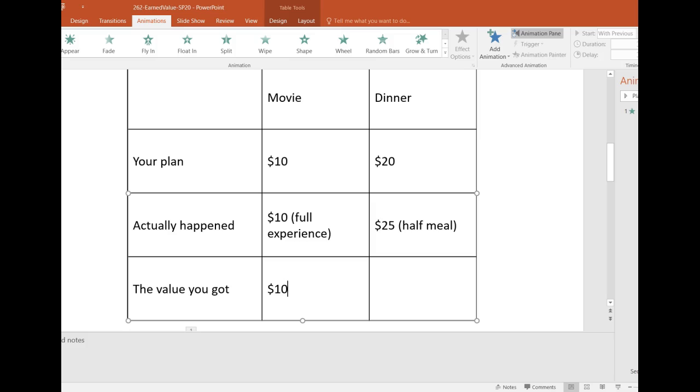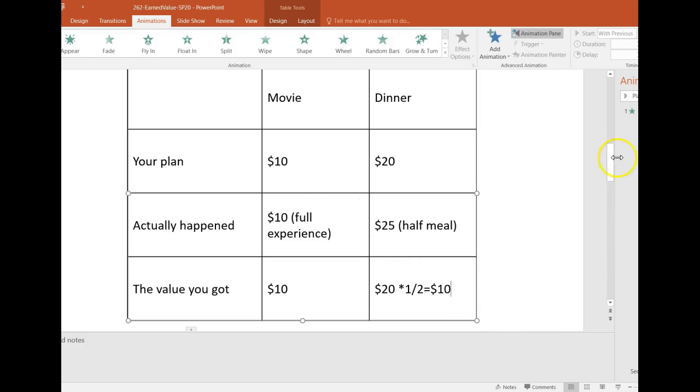I would pay $10. That was my plan, to pay $10 and watch a full movie. But to get half full, what would I pay based on my plan? If I was going to go based on my plan, which is spending $20 for a full meal, and if I get a half meal, I would just spend $10 for that.